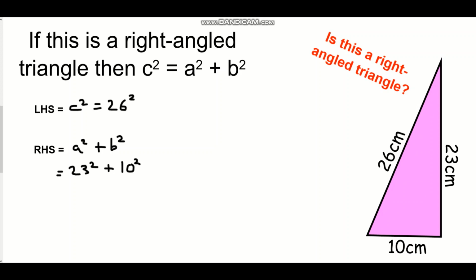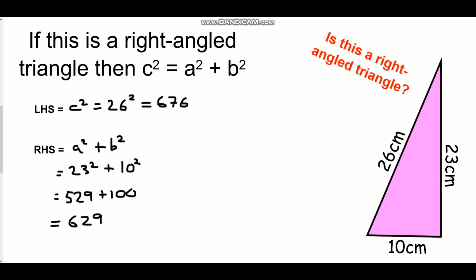So using a calculator, 26 squared, 26 times 26 is 676. 23 squared plus 10 squared is equal to 529 plus 100, which is 629 in the end.